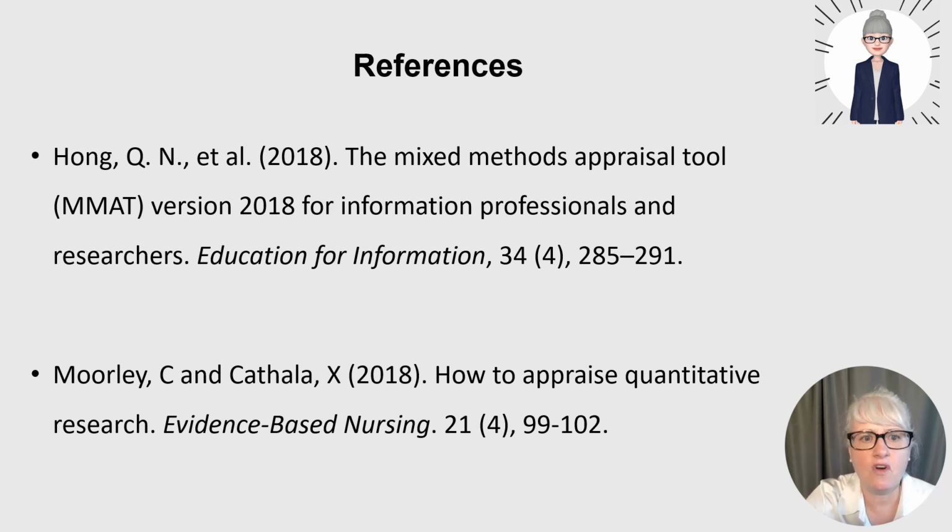And then reference for Hong et al. for the mixed method appraisal tool, and then Morley and Cathala, how to appraise quantitative research in Evidence-Based Nursing journal, and that is helpful if you need some references, for example, to underpin your quantitative research appraisal.